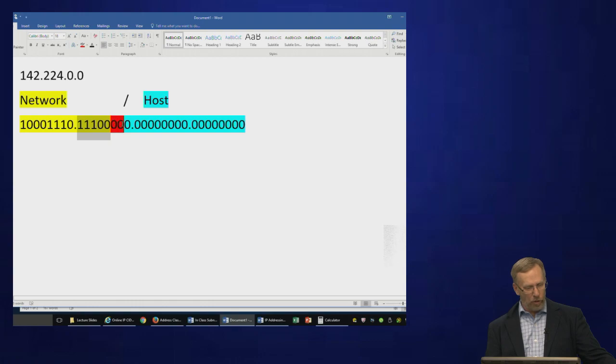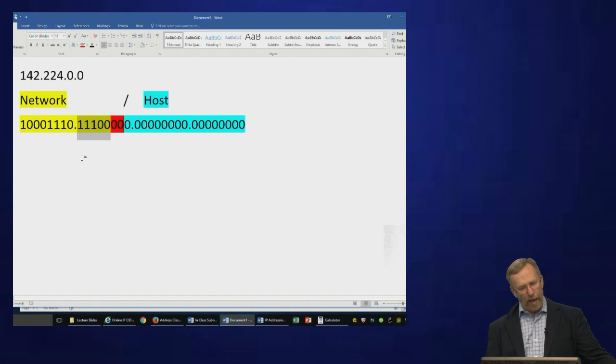I don't want to actually use these two bits right now because I'm in the first network. In the next network, I'll increment one of these bits to a 1, this first least significant bit, and that'll identify the next network.